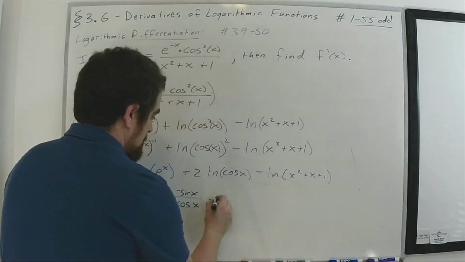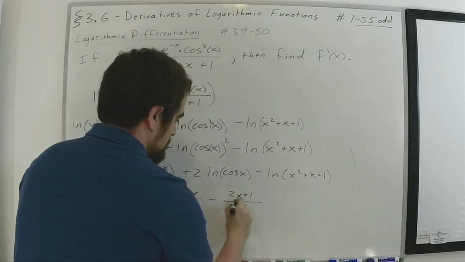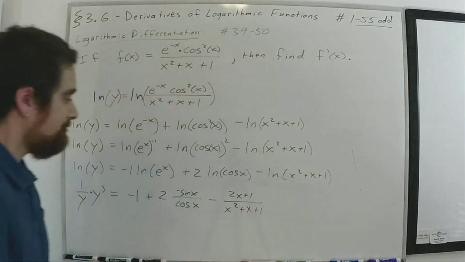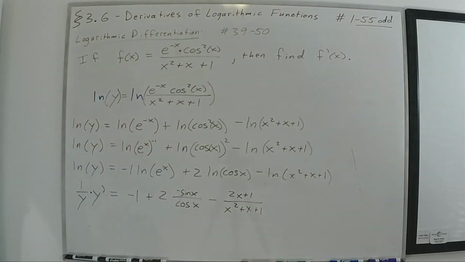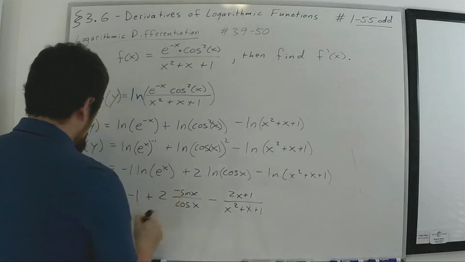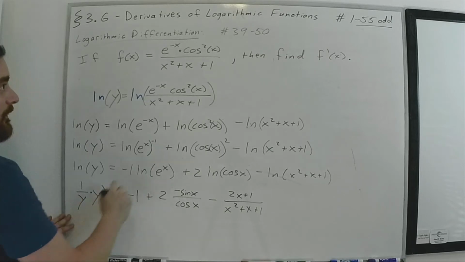Last one is minus, well, the derivative of the inside is 2x plus 1, over the inside, which is x squared plus x plus 1. And that's pretty much fine. I would say maybe rewrite this one so that it looks a little bit better. Also, I haven't found y prime really.